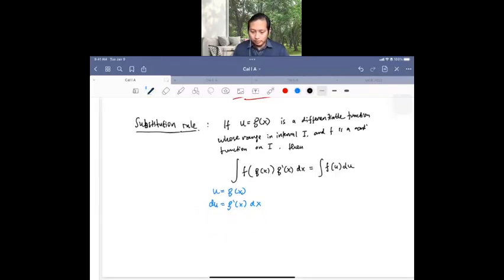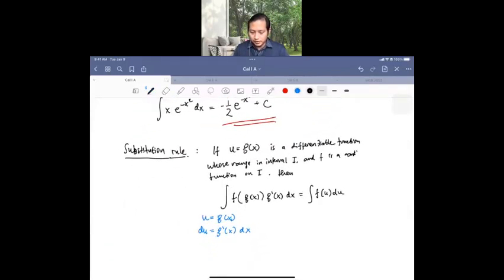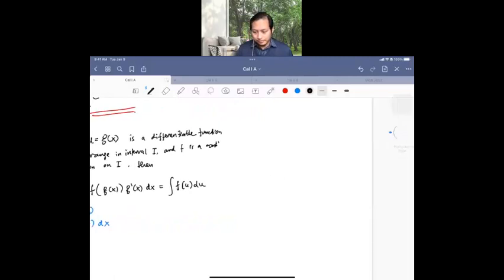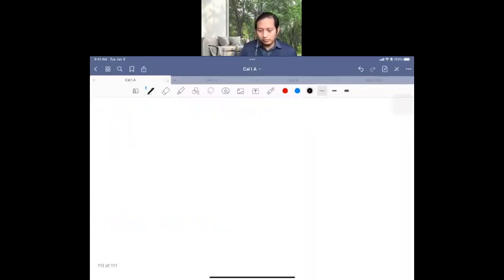Okay, now for the next part, I will give you more examples. Integral of x to the power 5 dx. Can you try for a while?